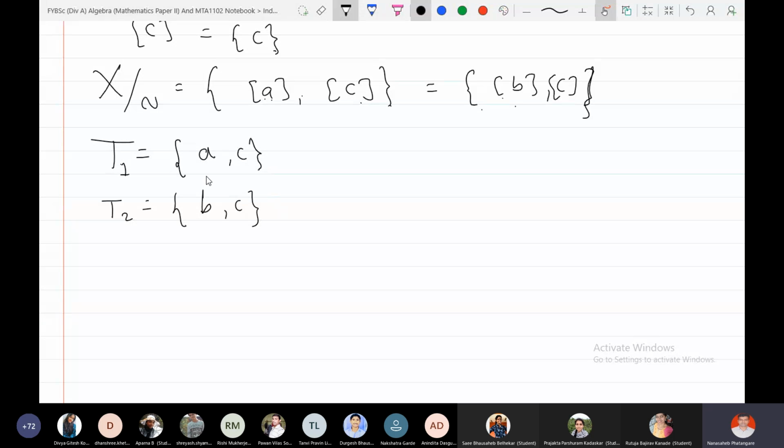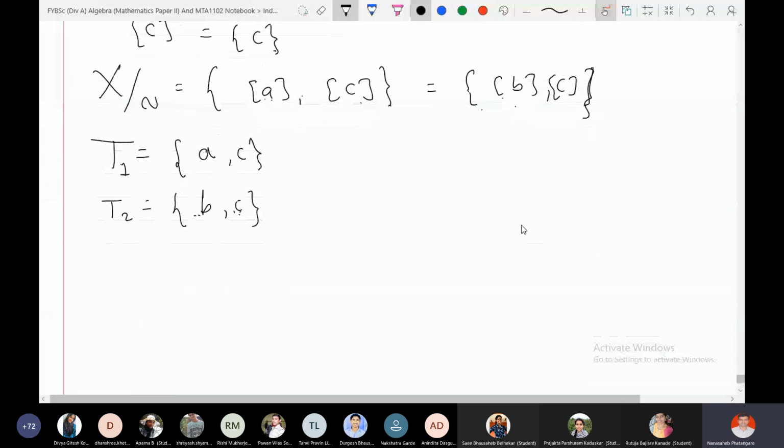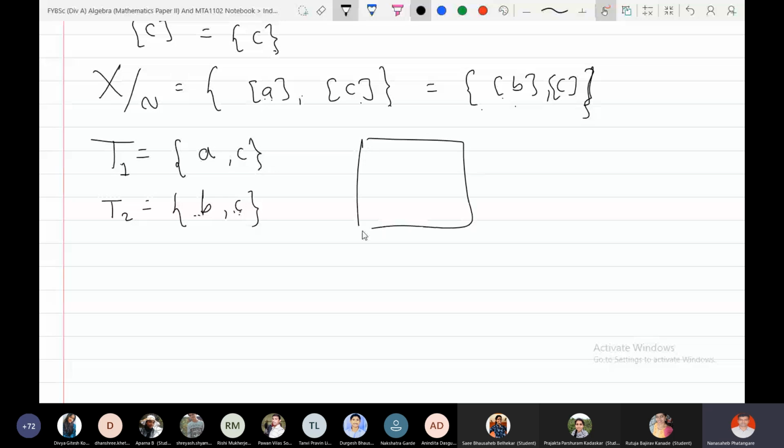So these are transversals. I look at the equivalence classes and choose one representative from each distinct class, so we get distinct representatives. Therefore, if you choose any two distinct members of this transversal, their classes are also distinct, right? So this is my set X, and due to the equivalence relation, classes are formed, and from each class I select one representative.